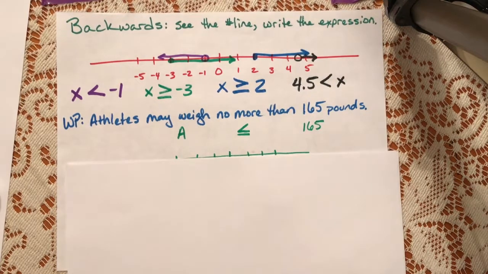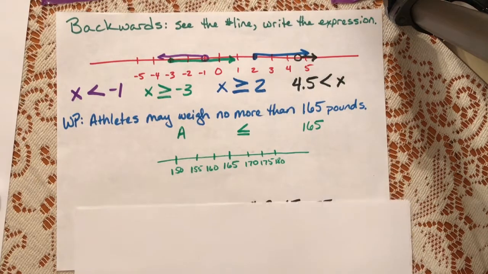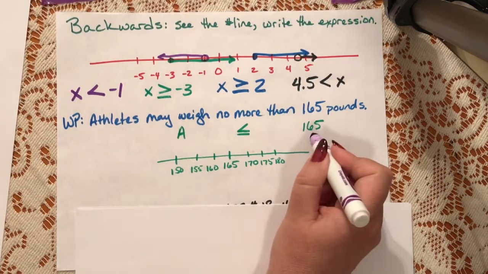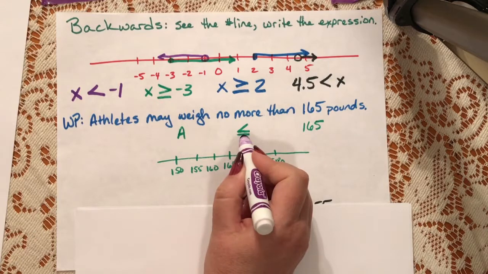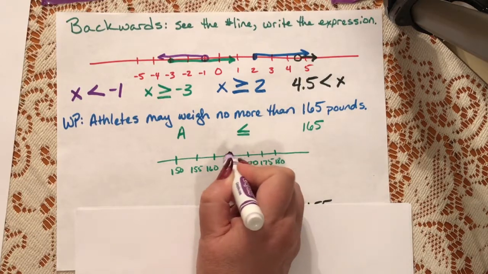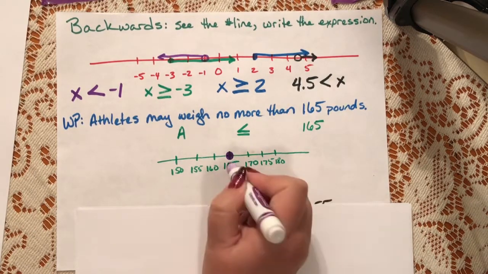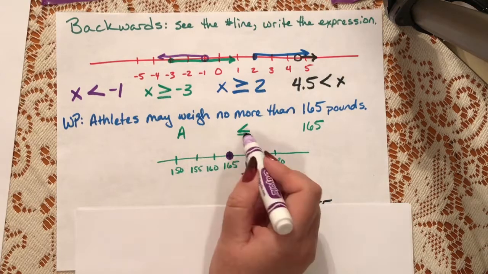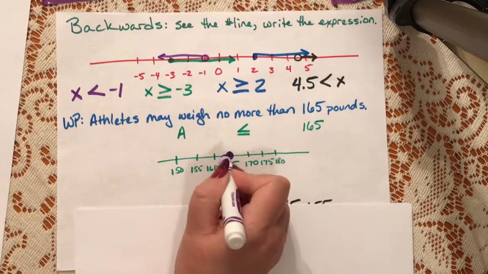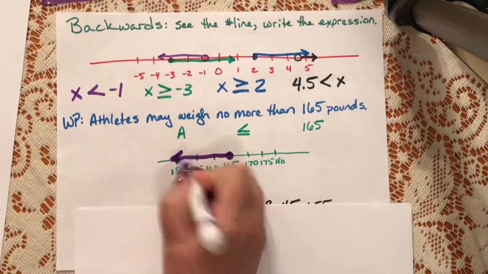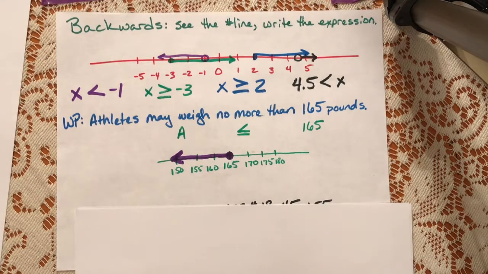This is how you would write that. And then it asks you to graph this. So we're going to find 165 on our graph, and it can be equal to that, so it can be a closed sign, and the athlete has to be less than that. So our arrow is going to go in the less than direction.